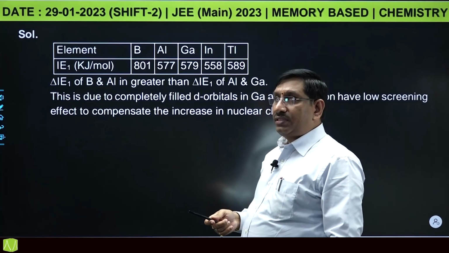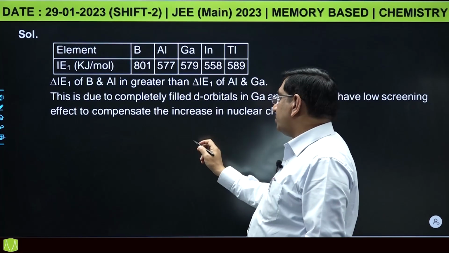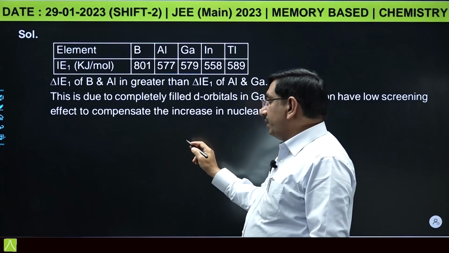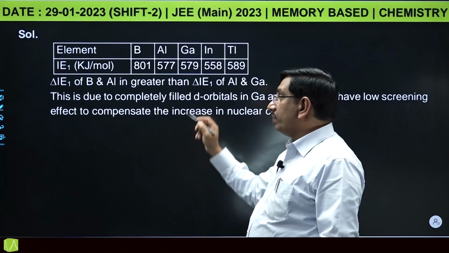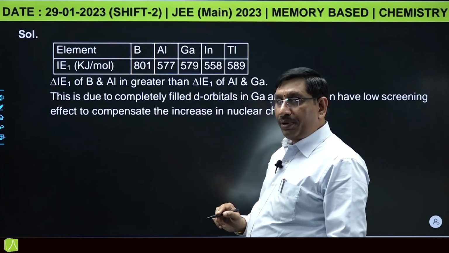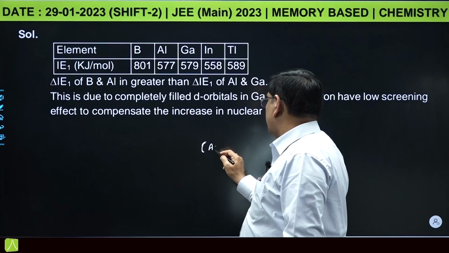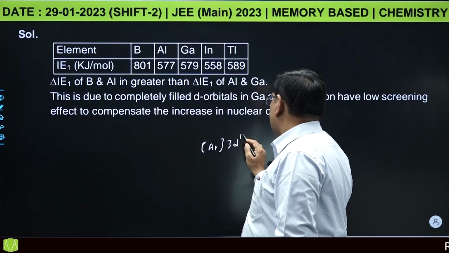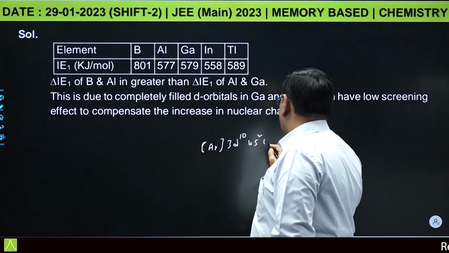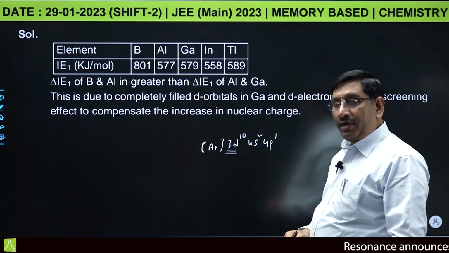And the reason for this is gallium comes after zinc. That means, in zinc you can observe the d orbital is completely filled and in gallium also the d orbital is completely filled. So, it is argon 3d10 4s2 4p1. So, d orbital is completely filled.